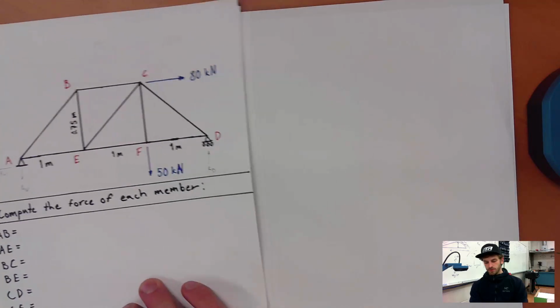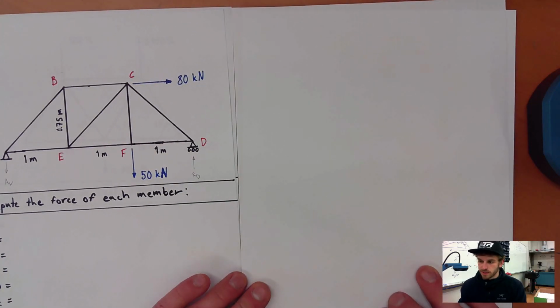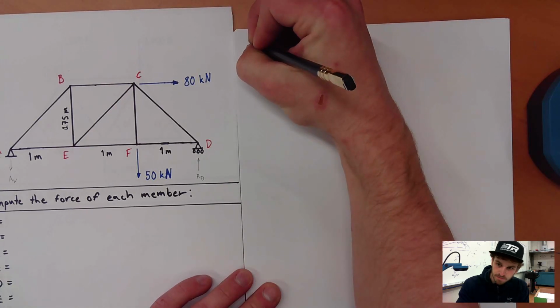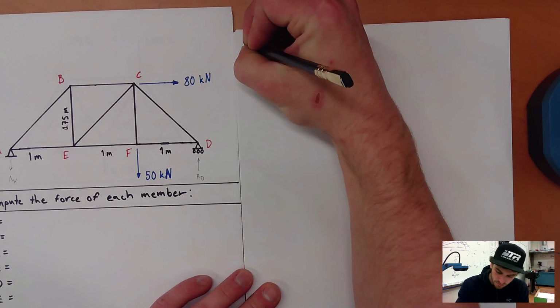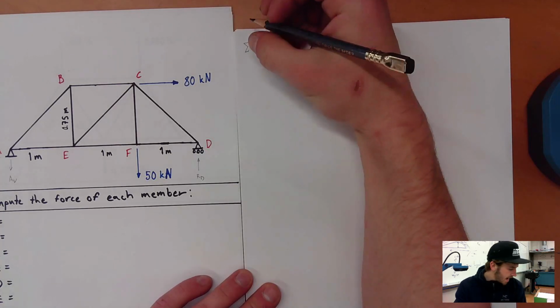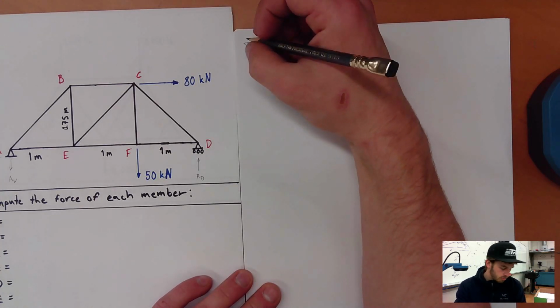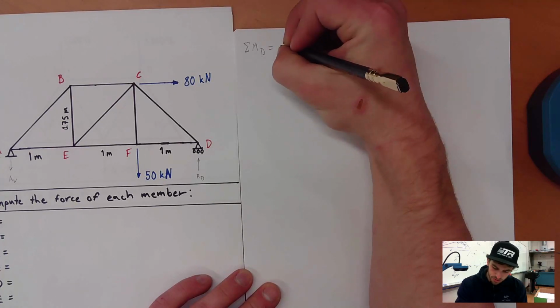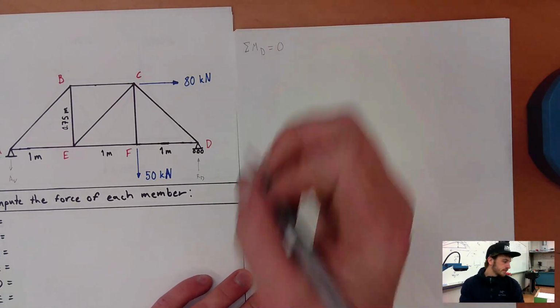Okay, so we calculate the moments. So we know that the sum of the moments acting on point D are going to equal 0.